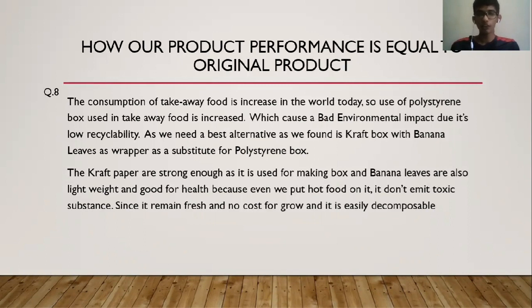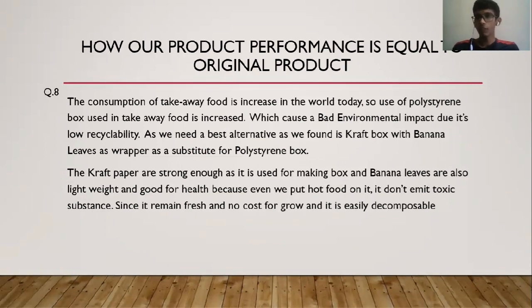Next, we will have a look at the usage of our alternative. Here, the craft paper is strong enough to make a box, so we can carry food by putting it in. And we also use banana leaves as a food wrapper to cover the food and protect it from spilling out of the box.